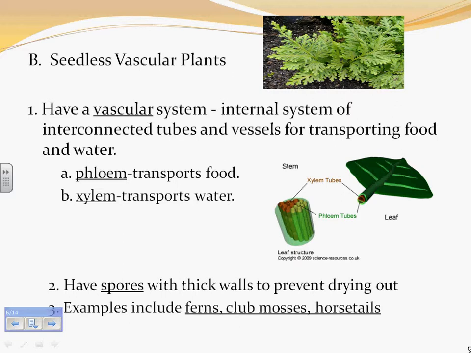They have a vascular system, which is an internal system of interconnected tubes and vessels for transporting food and water. Phloem transports food, xylem transports water. Seedless vascular plants have spores with thick walls to prevent drying out, and examples include ferns, club mosses, and horsetails.